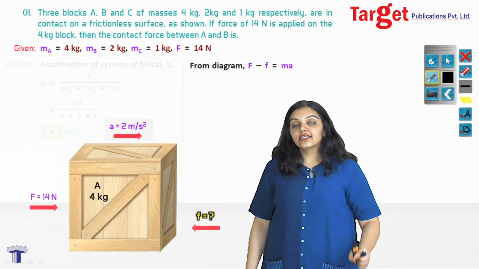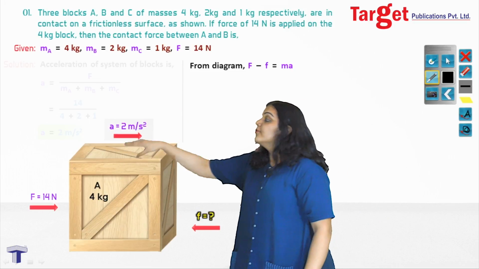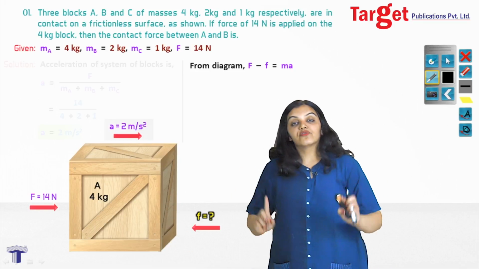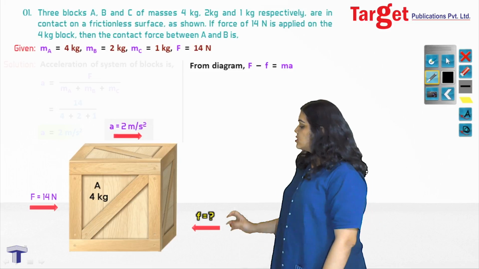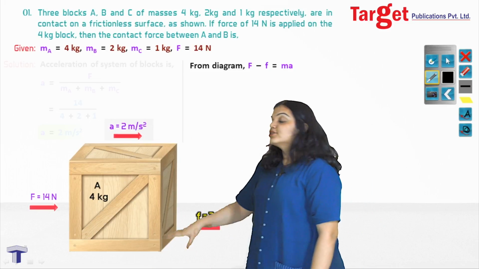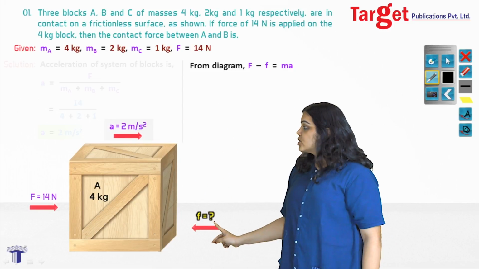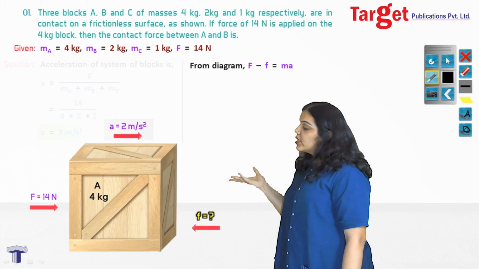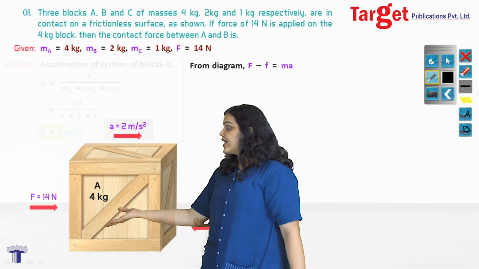So yes, there is a reaction force because of A on B, but I will not include that in my free body diagram, because a free body diagram only includes the forces which are acting on the object. So we have included the force of reaction exerted by B on A, which will be equal and opposite to the reaction of A on B.